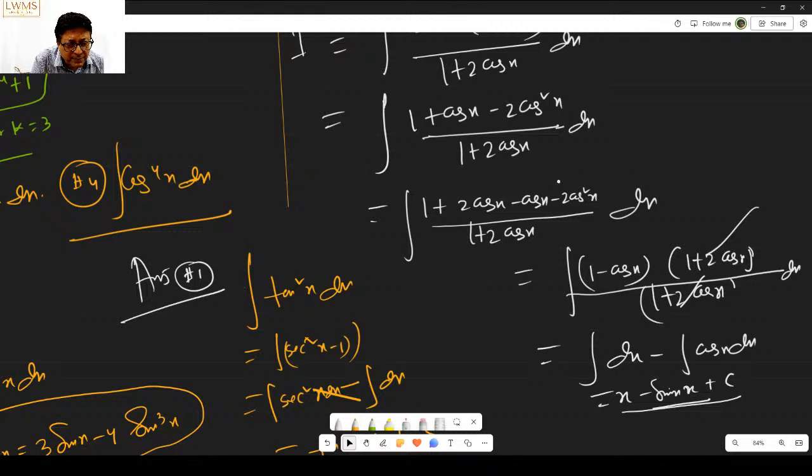So there it will be 1 by 4 x, plus half into sin 2x by 2, plus cos 4x will be sin 4x by 4, with 1 by 8 outside. Understand?